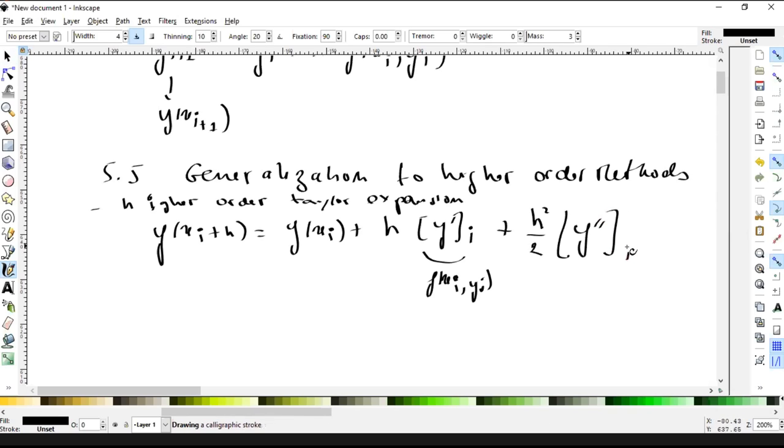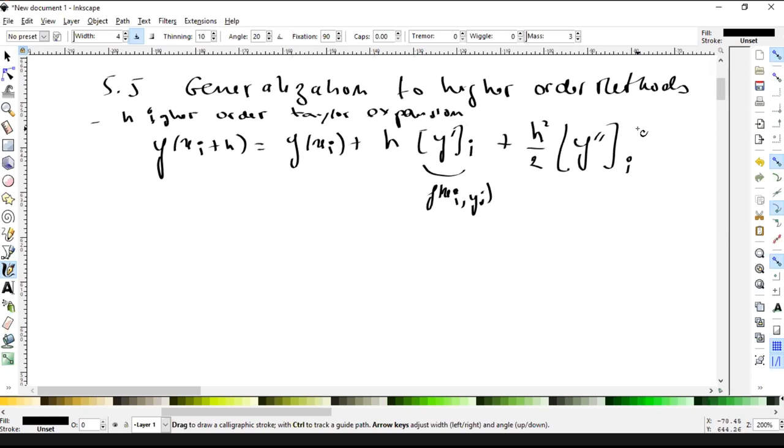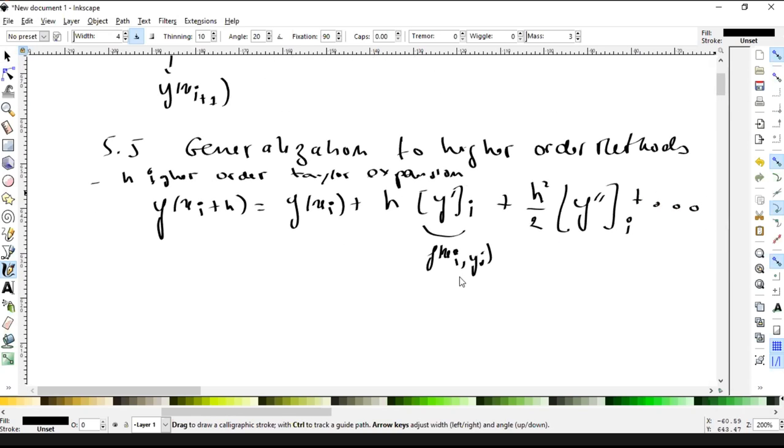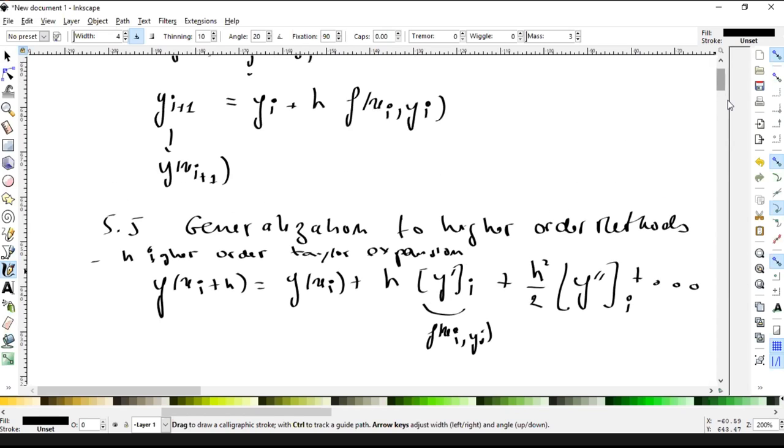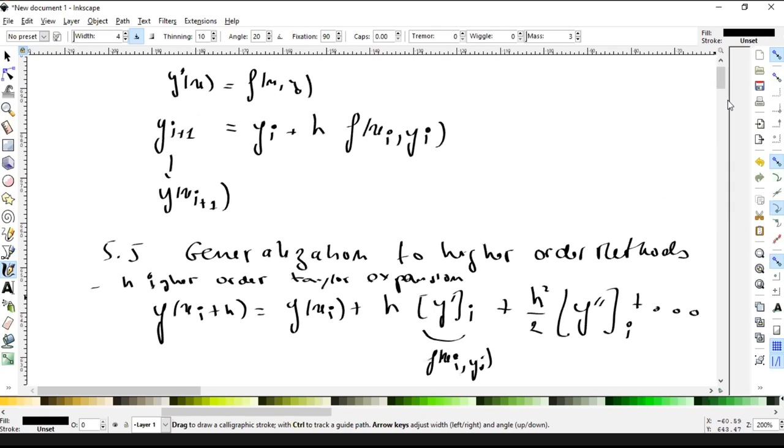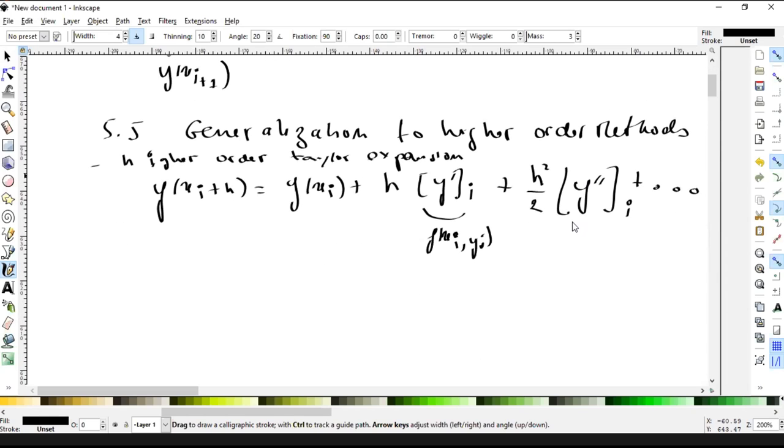What I mean by i is the point x_i, at x_i plus h. Here this is f(x_i, y_i), because y prime is f(x, y). And in this case y second is the derivative d over dx of f(x, y).